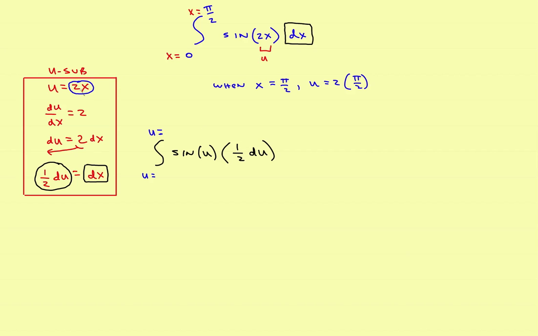So just plug a pi divided by 2 into this. And what that gives you is pi. Then evaluate the lower limit. So when x is equal to 0, u is equal to 2 times 0, which is 0. So there are your new limits, and we'll isolate those with their own little box also.